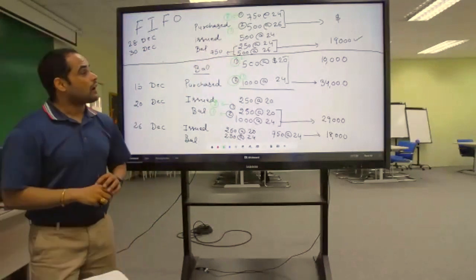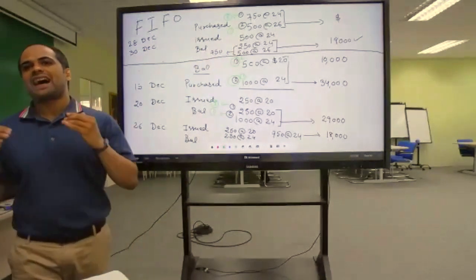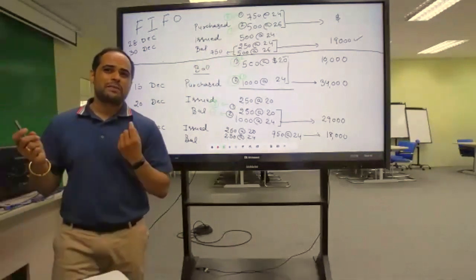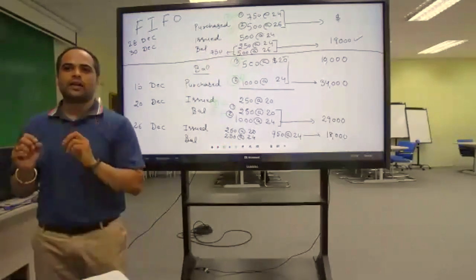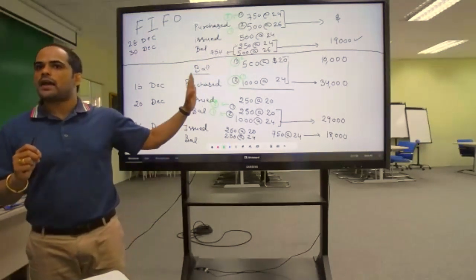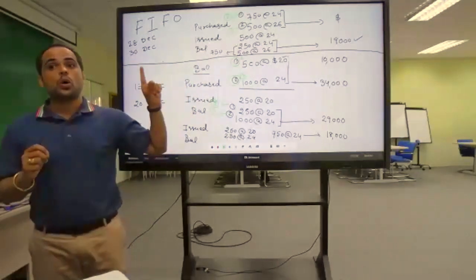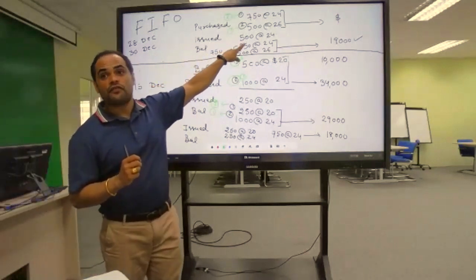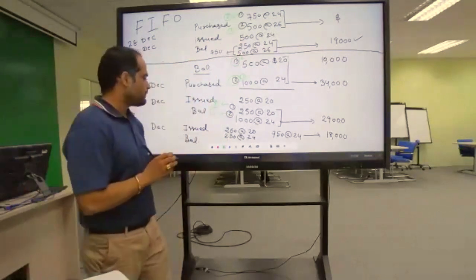Now we move on to the next one, moving average method. So I think I have to calculate moving average method for you, because sometimes students found little bit difficulties when they calculate moving average method. So I'm going to show you how to apply moving average method, and according to moving average method, what will be the value of this 750 quantity or units, right?